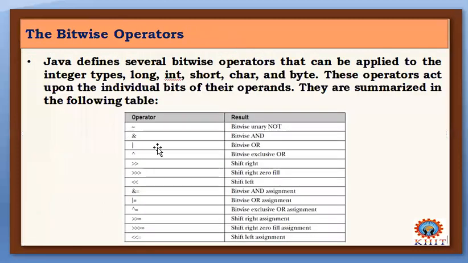Similarly, we have bitwise operators. Bitwise operators are ampersand, pipe symbol, exclusive OR, then right shift operation, left shift operation, all these things. You can again refer to the same C programming concepts here. Bitwise AND means it works on bit level. I'll just show you the example.